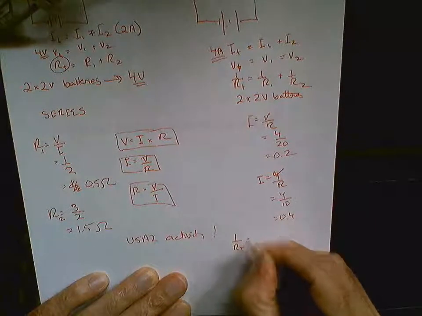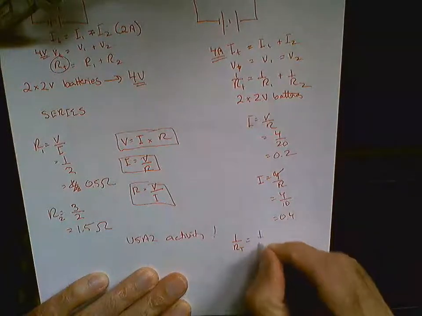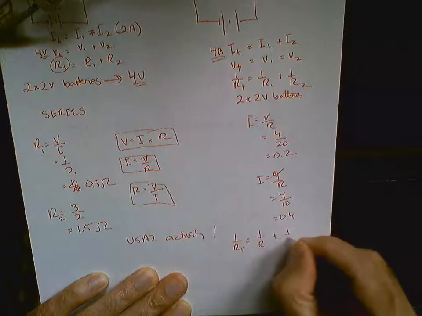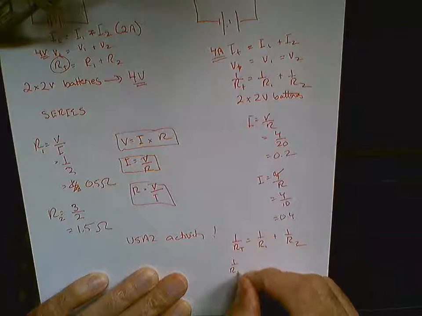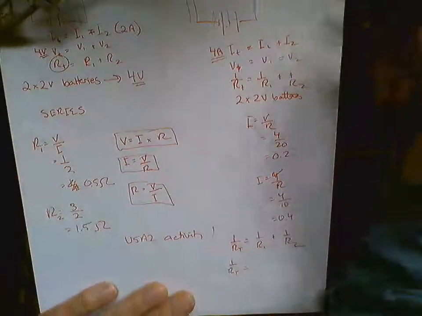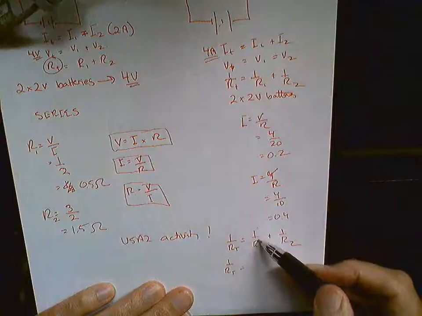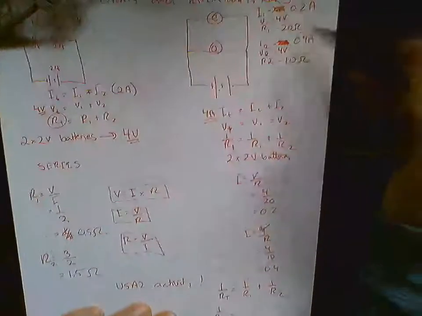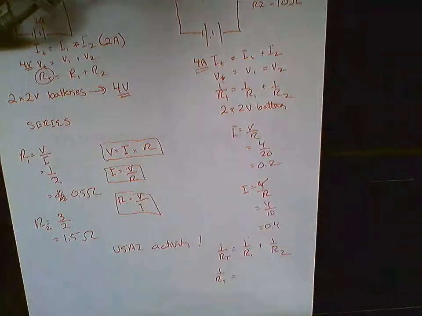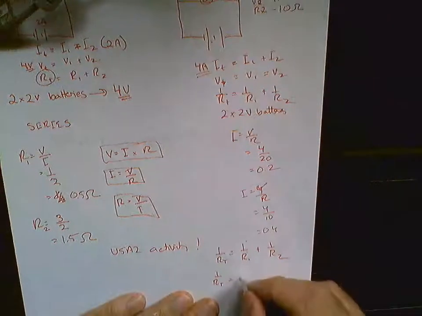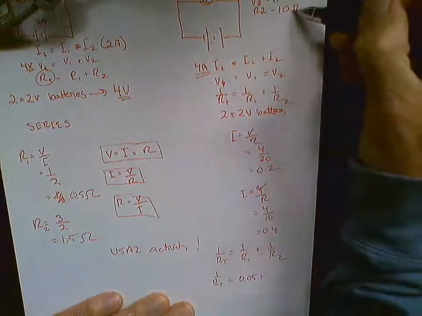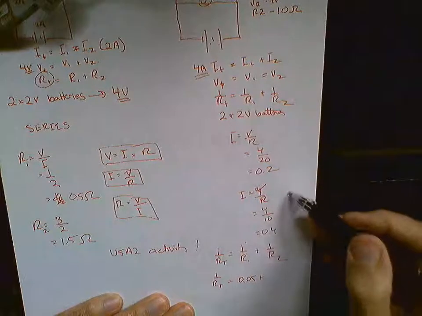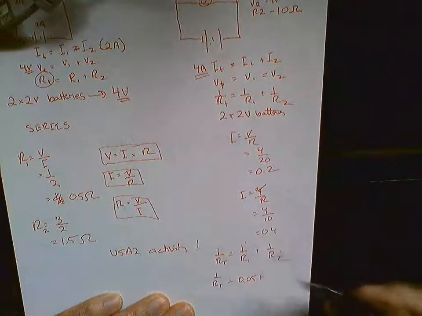1 over resistance total equals 1 over R1 plus 1 over R2. Then what I do is I put those values in. So it's 1 divided by 20, which is 0.05, plus for R2, 1 divided by 10 is 0.1.